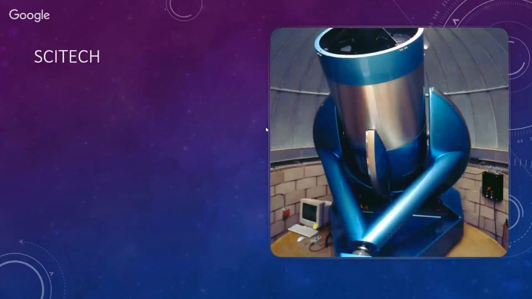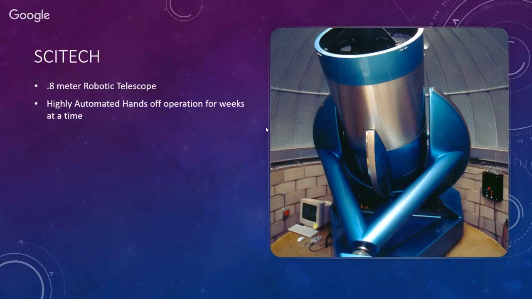And then kind of the crowning glory of SCITECH was this 0.8 meter telescope that we spent a lot of effort on. This was 1998 when we were building this, so the encoder technology barely existed. ACP was brand new. We could barely pull this off. So 0.8 meter robotic telescope. By the time we pulled everything together and got this working, it's completely scripted.